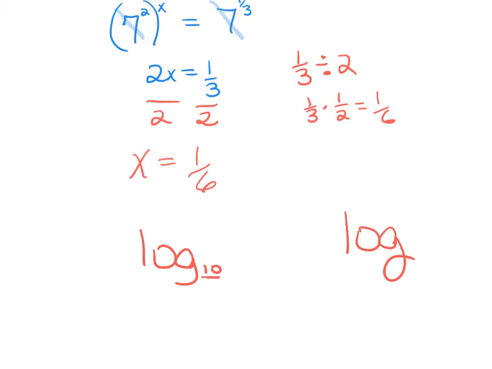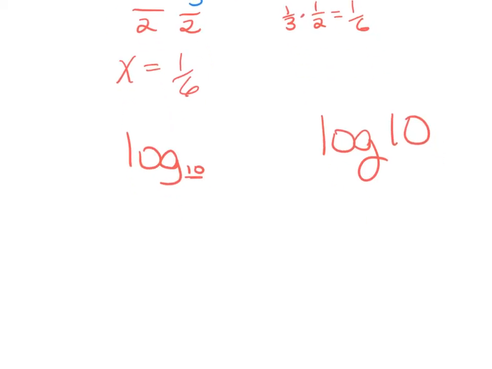So if I were to touch the log button and then put 10, it would give me my answer for base 10. Now, if the problem has something like log of base 4 of 10, then we have to change the base. The newer calculators actually will do it for you. Some of the older calculators won't do it.